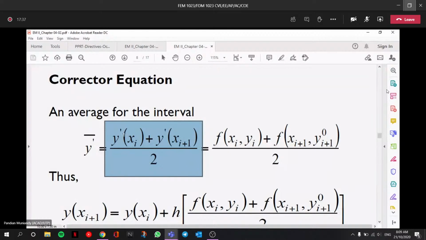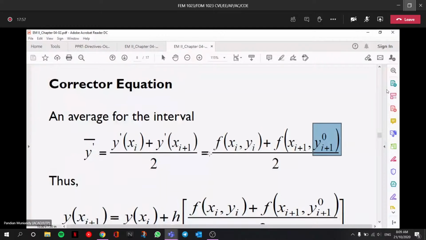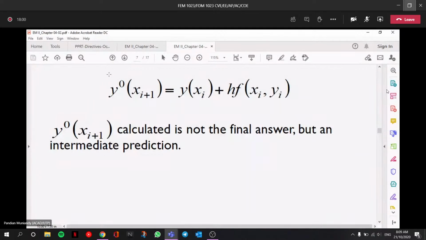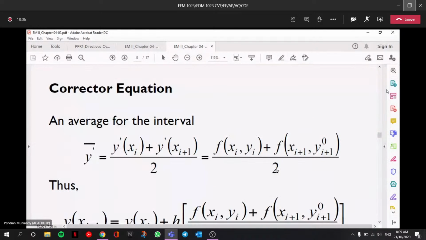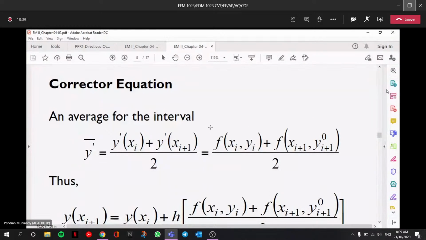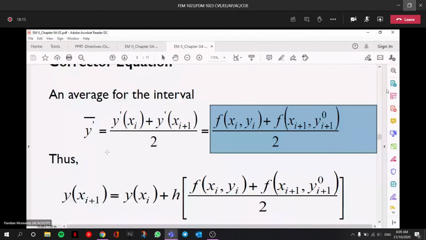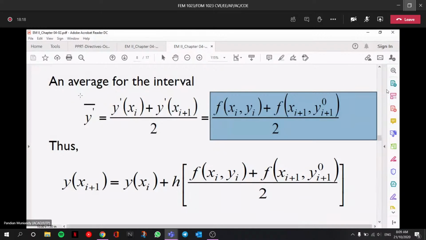Because we have already written f(x_i, y_i), we write f(x_i, y_i) plus f(x_{i+1}, y^0_{i+1}), the next x. This y^0_{i+1} comes from the predictor. You take all these and plug them in here. This is called the y dash bar, and you put it here because this is the average.